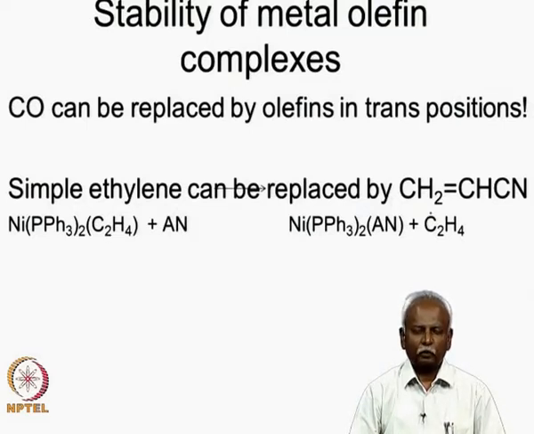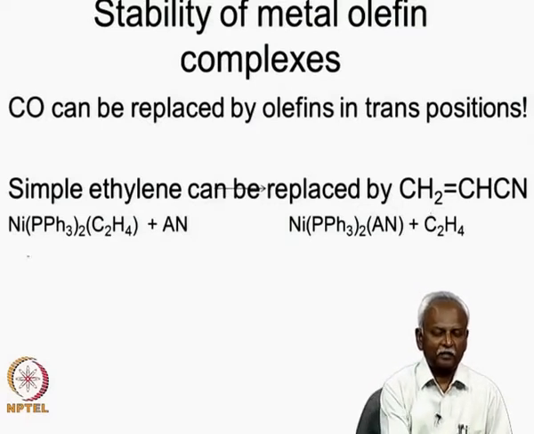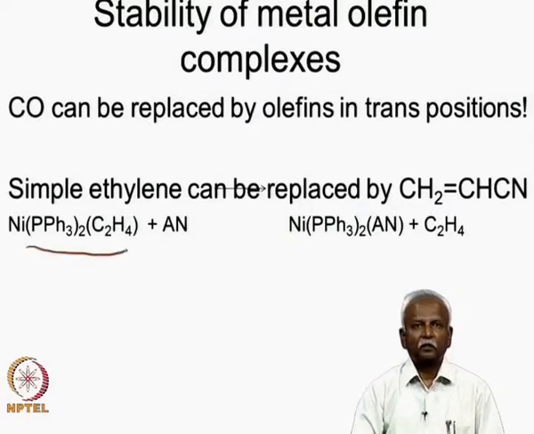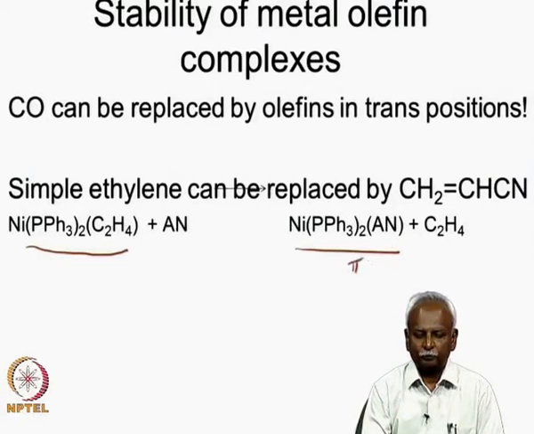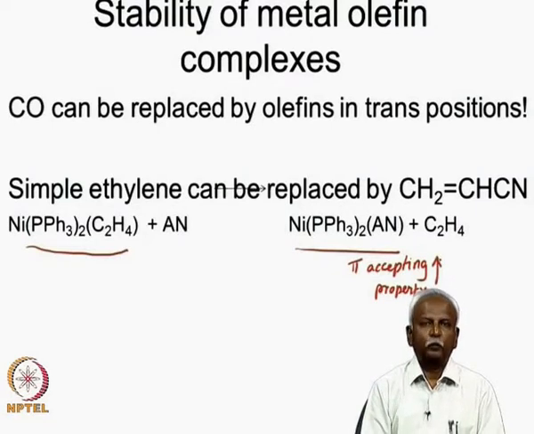Here again, we are talking about better pi accepting character of the olefin, but in this instance the pi accepting property of the olefin that is coming in is much better, and so the nickel 0 complex that we had on the reactant side turns out to be less stable than the acrylonitrile complex, purely because on the right side we have better pi accepting property. So, the pi accepting property goes up in this instance, and so you have greater stability.